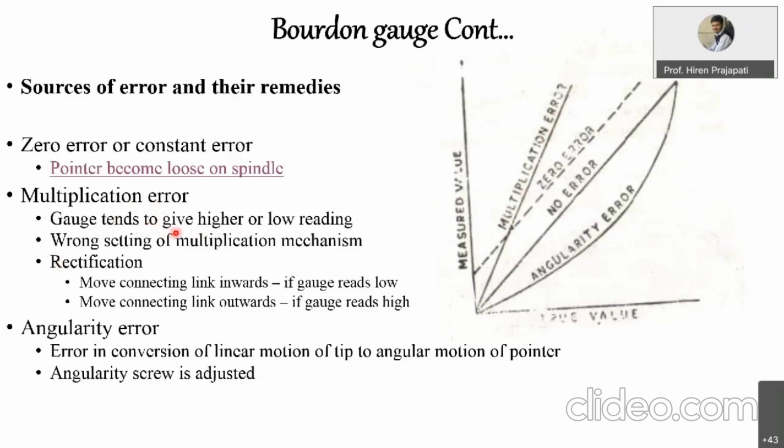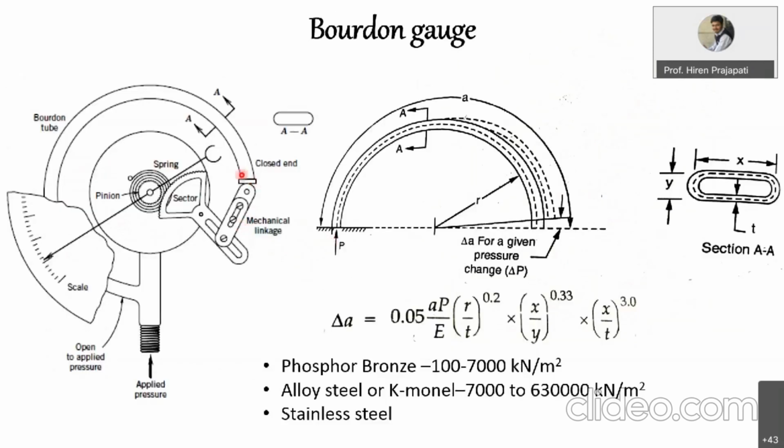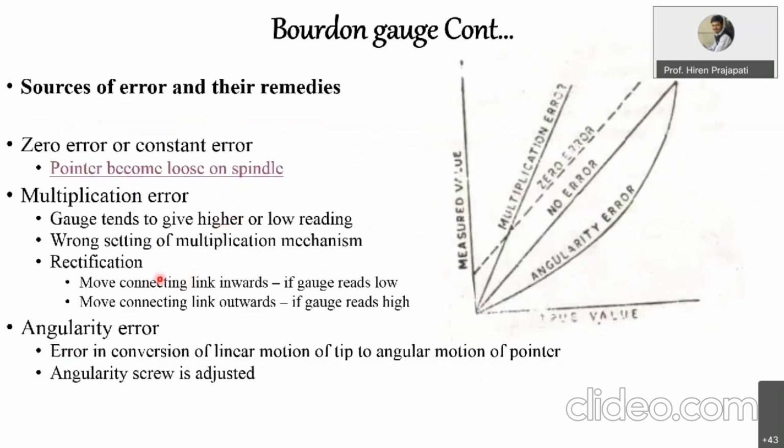So the gauge tends to give a higher or lower reading, because of the wrong setting of the multiplication mechanism. This mechanism, these mechanical linkages, is called a multiplication mechanism. So how to rectify this error? Move the connecting link inwards.